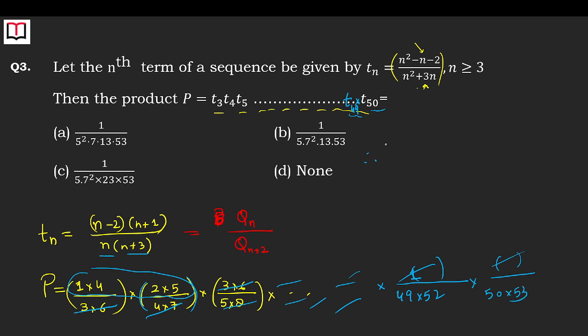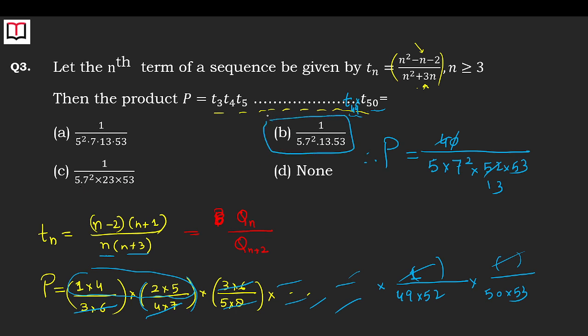So therefore, the answer is simply 2 into 5 into 10, that is 40, over 49 into 50 into 52 into 53. 50 is 5 into 49, 7 square into 52 into 53, 4 and 13. So that's the answer. 5, 7 square, 13, 53.